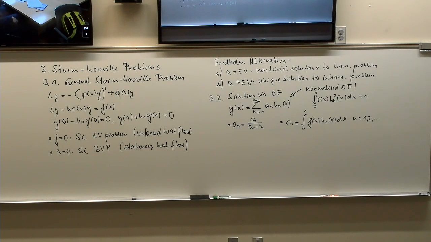And otherwise, we can have non-trivial solutions to the homogeneous problem if we have the case that lambda is an eigenvalue. Again, on Monday there will be no trick. It will follow the problem setup of the last homework, and you will pretty much see a problem where you can work with the Fredholm formula.